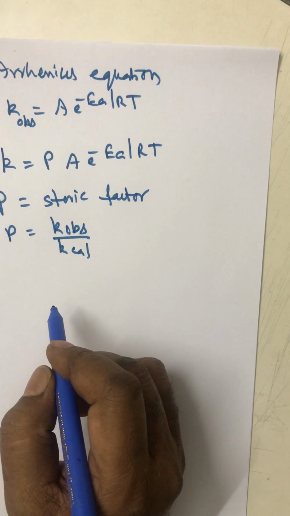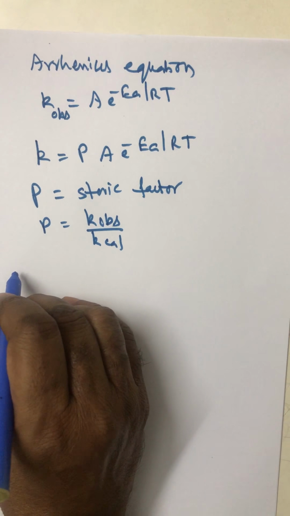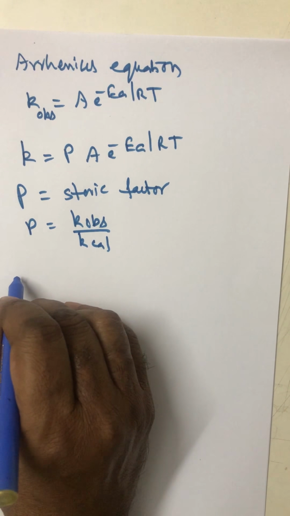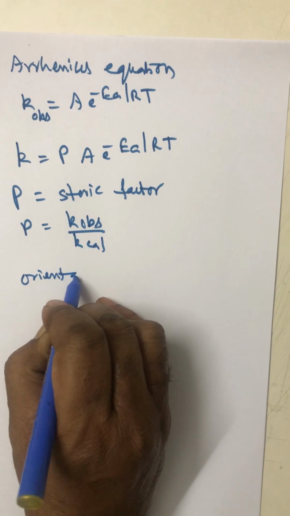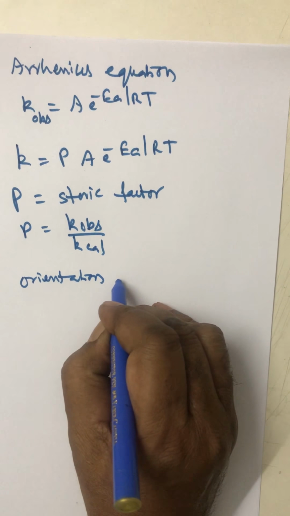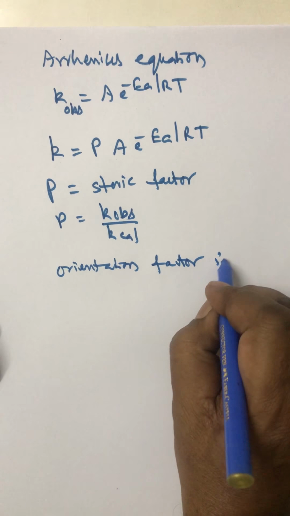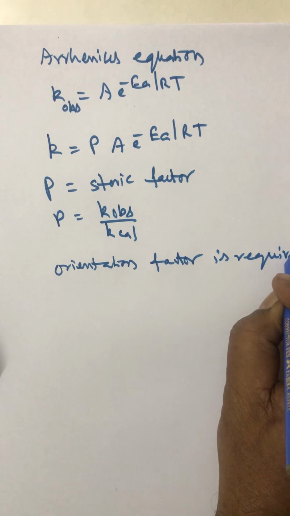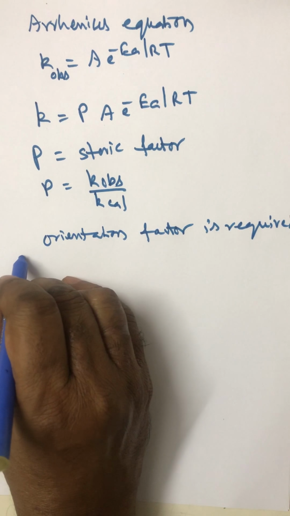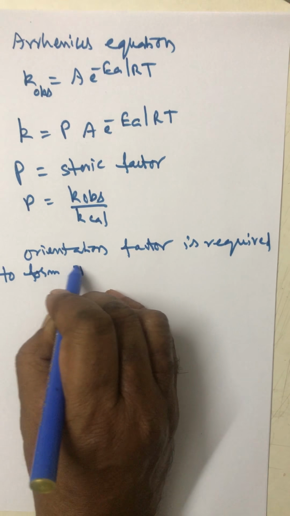One is the orientation factor, which is required to form the transition state.